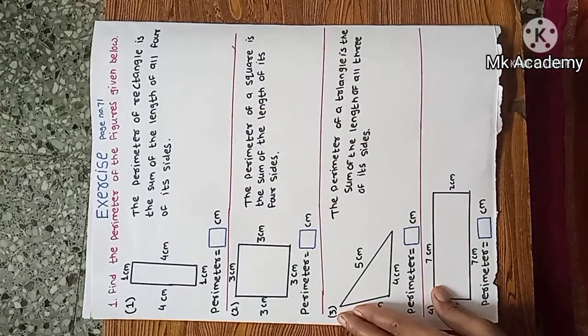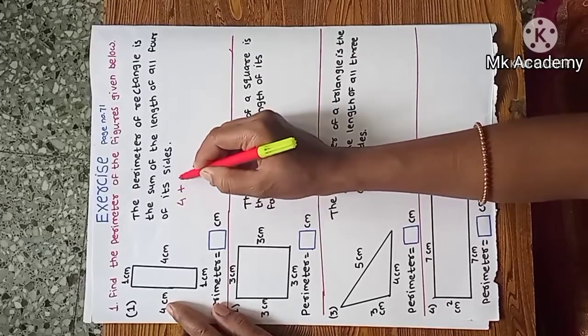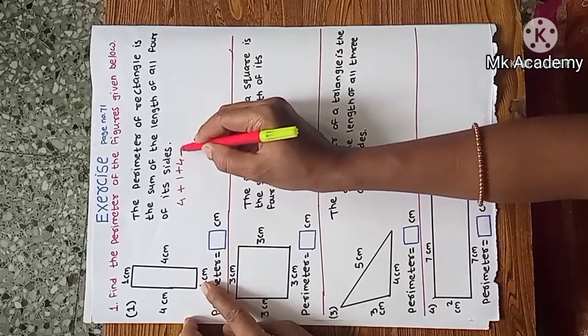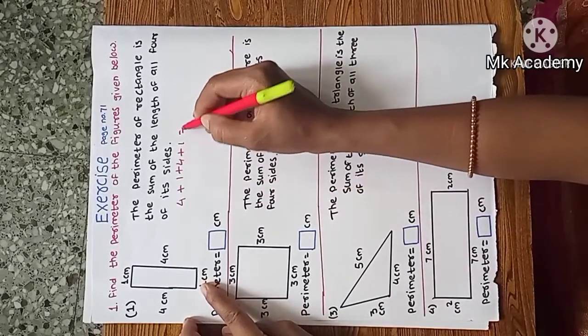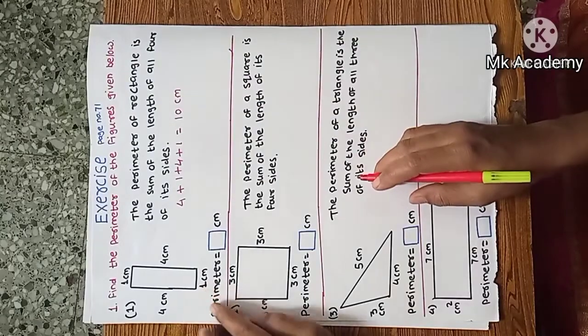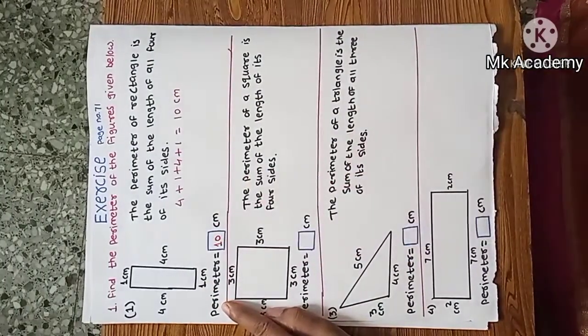The perimeter of a rectangle is the sum of the lengths of all 4 of its sides. Means we have to add 4 plus 1 plus 4 plus 1 is equal to 10 centimeter. Means the perimeter of this figure is 10 centimeter.